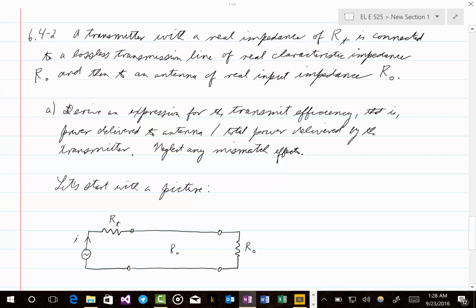And part A of this problem is: derive an expression for the transmit efficiency. That is, power delivered to the antenna divided by total power delivered by the transmitter. Neglect any mismatch effects.